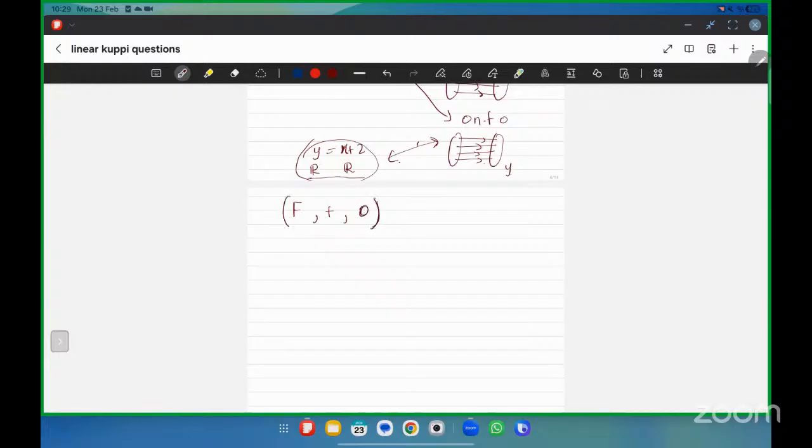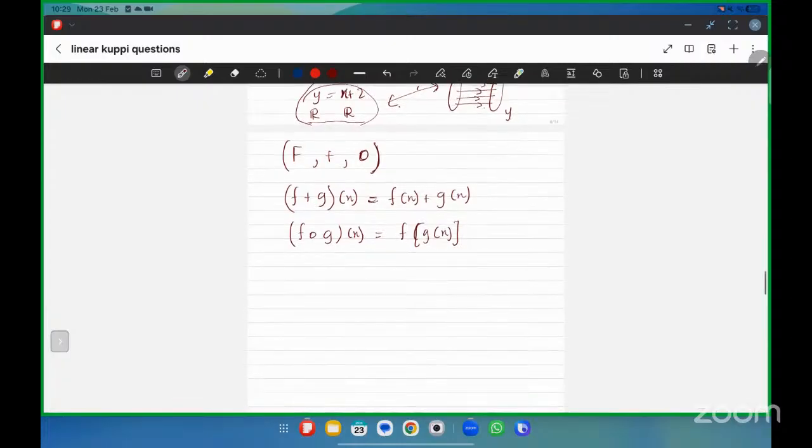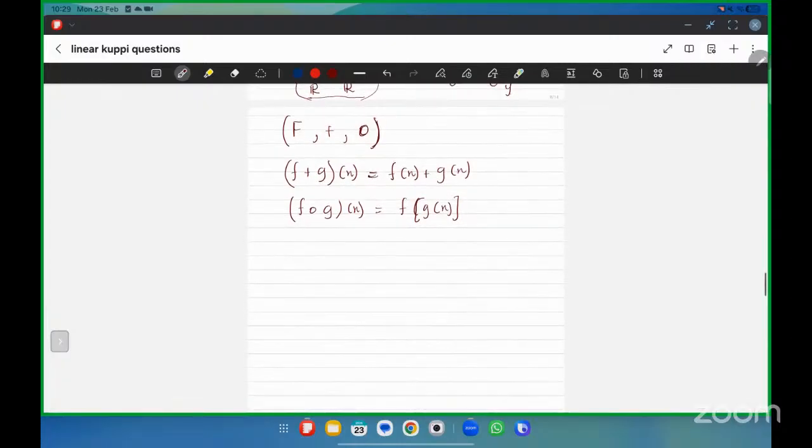The first one is f plus g into x is equal to fx plus gx, and the second one is f o g into x is equal to f of g x. Here, the addition and the composition, so we have to check everything. So those four conditions.